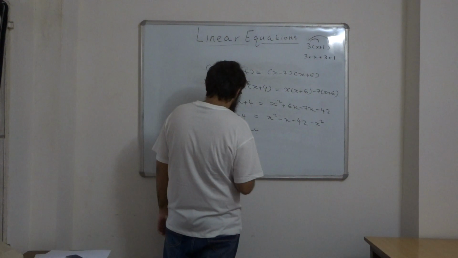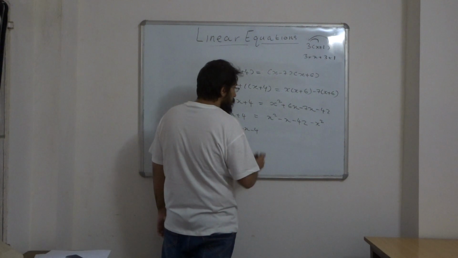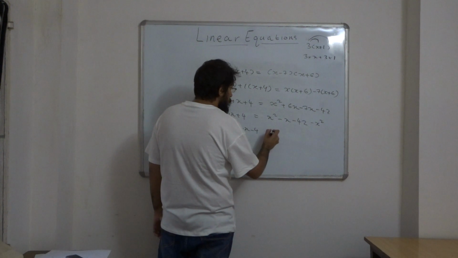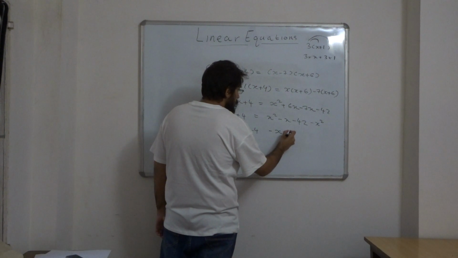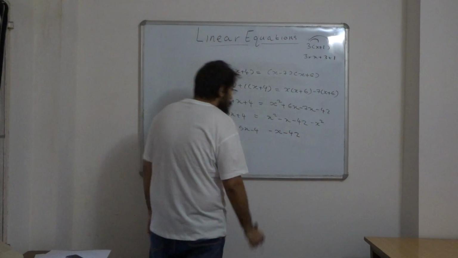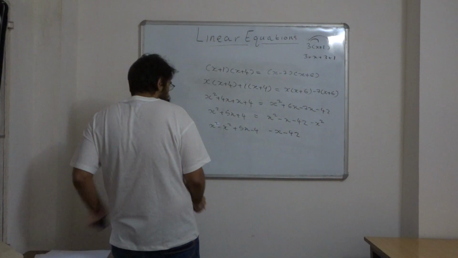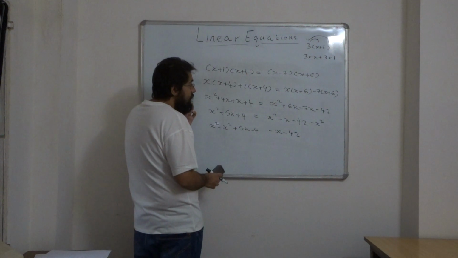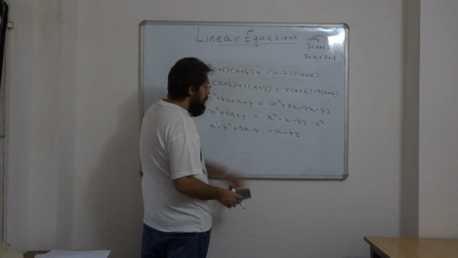So then what are you left with? You're basically left with negative x minus 42. Okay, negative x minus 42. Well, basically I should have written that here.